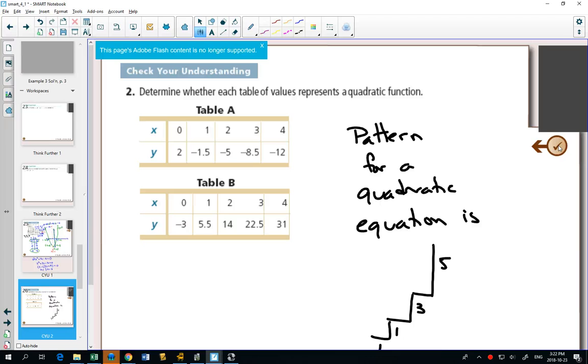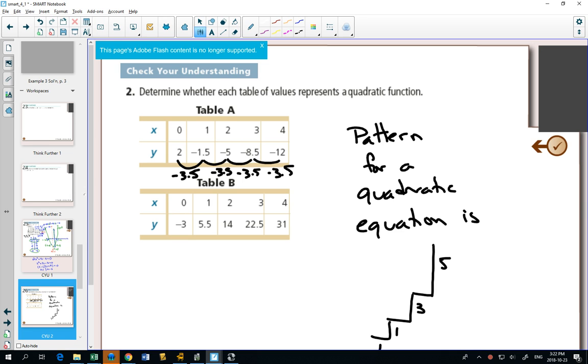So what we have here is we're starting at 2. We went over 1 and it went down how much? It went down from here to here, down 3.5. And from here to here it went down 3.5 again, and again, and again.